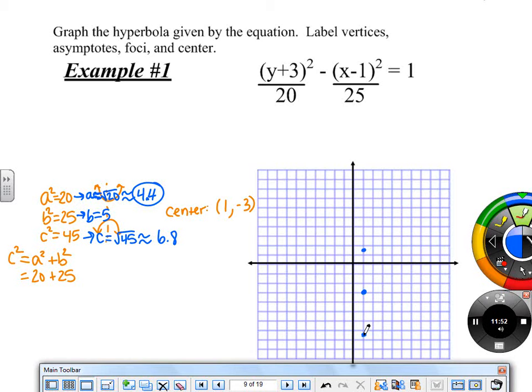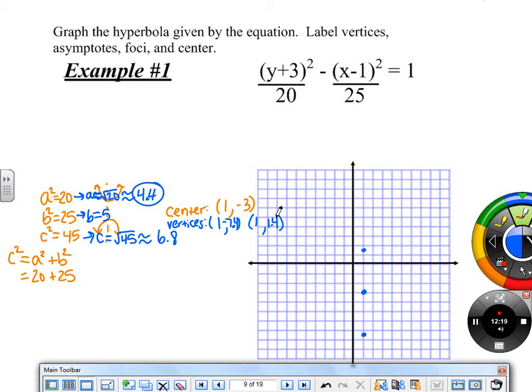So those are my vertex points. And so again, if I wanted to record the coordinates of these points, the x-coordinate stayed the same as the center, and the y-coordinate changed by an increase of 4.4 and a decrease of 4.4. So -7.4 would be decreasing by 4.4, and then positive 1.4 would be increasing by 4.4.